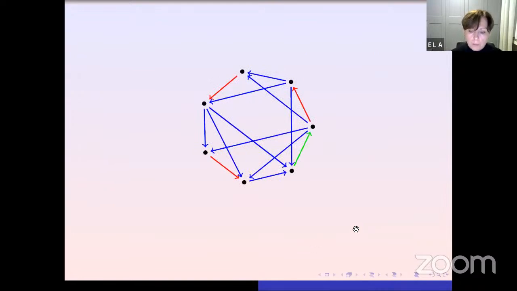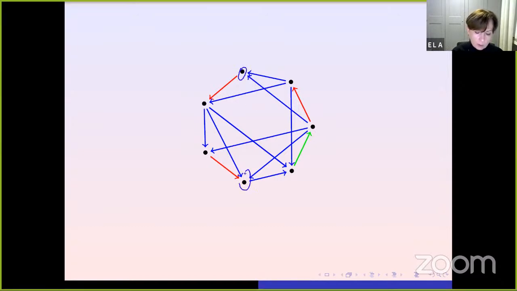Here is an example of a properly connected digraph. If we choose any two vertices, then you can always find a properly colored path which joins these two vertices. And also from this vertex to this vertex, we can find a properly colored path.